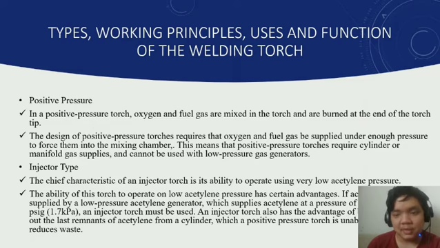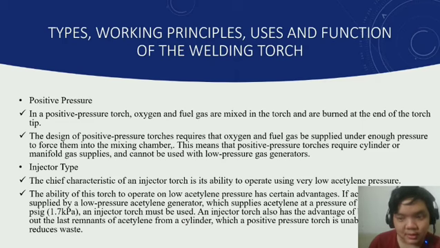For example, if acetylene is being supplied by a low pressure acetylene generator, which supplies acetylene at a pressure of approximately 1/4 psig, which is 1.7 kPa, an injector torch must be used. An injector torch also has the advantage of being able to draw out the last remnants of acetylene from a cylinder, which a positive pressure torch is unable to do.